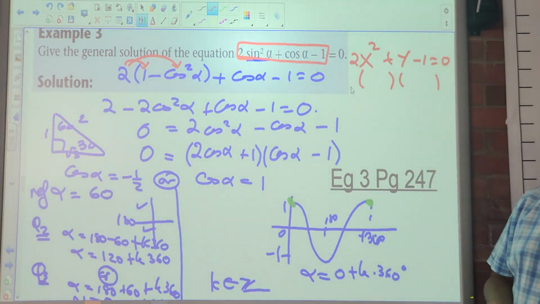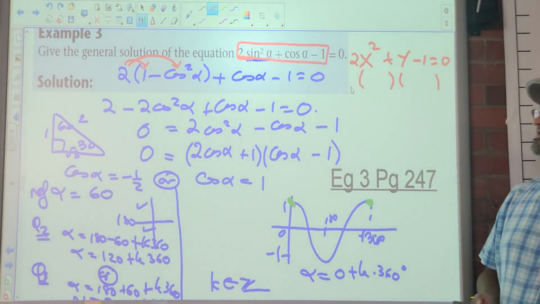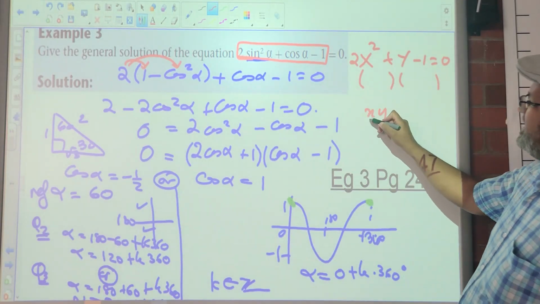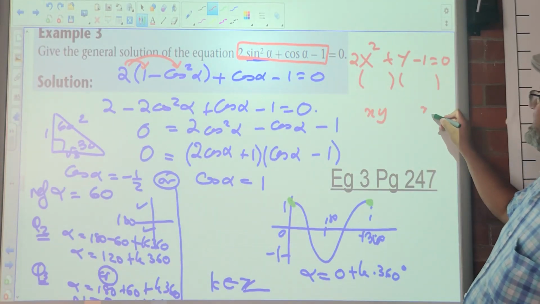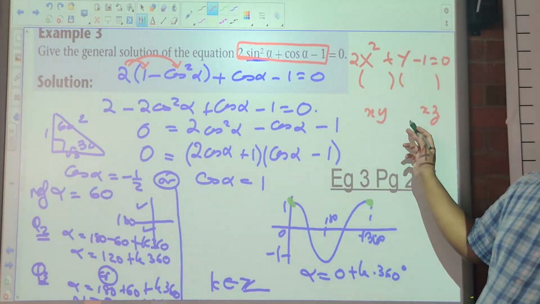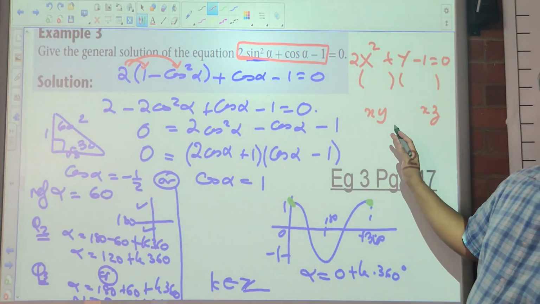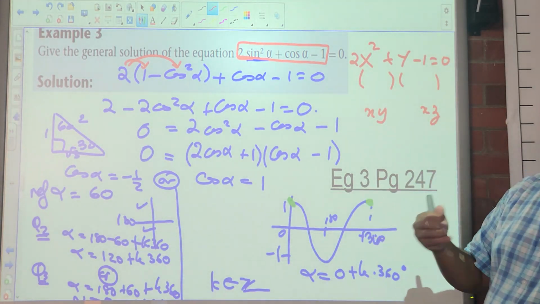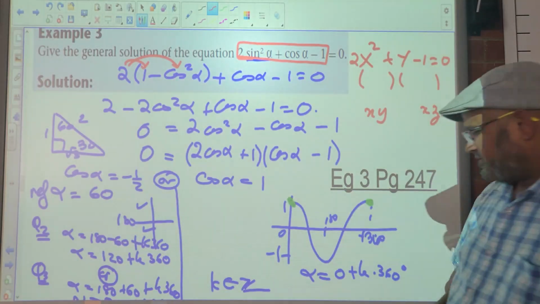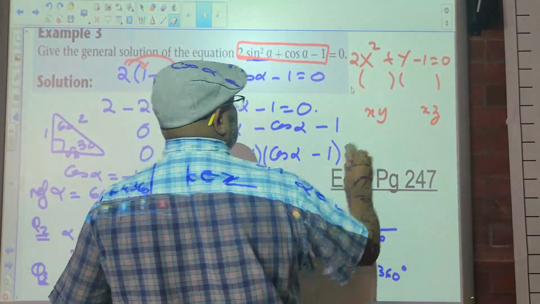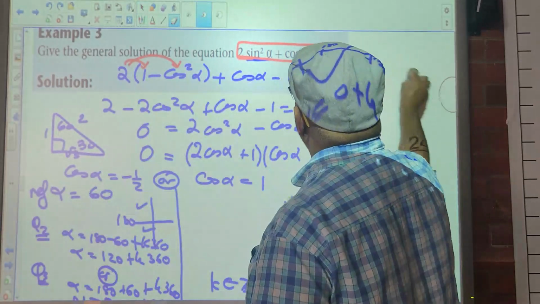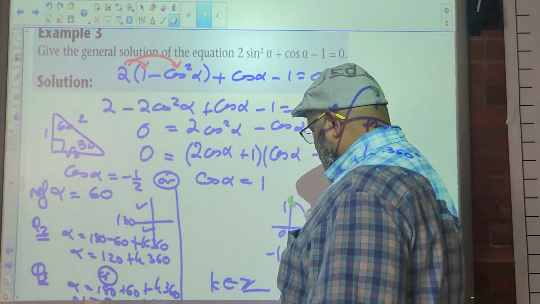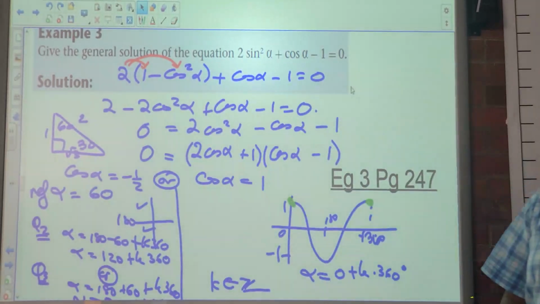So we must get it in the same format, with the same trig ratio. There has to be the same variable. You understand? So if you're looking at xy, is xy the same variable as xz? Are those variables the same? No. So we must get it exactly the same. So if you're looking at the variables here, I know that I can either change sine to cos or cos to sine.